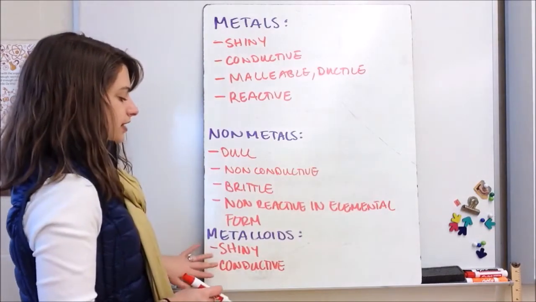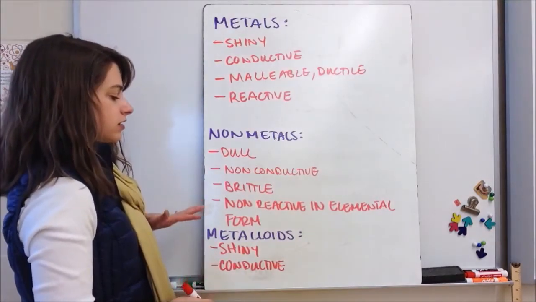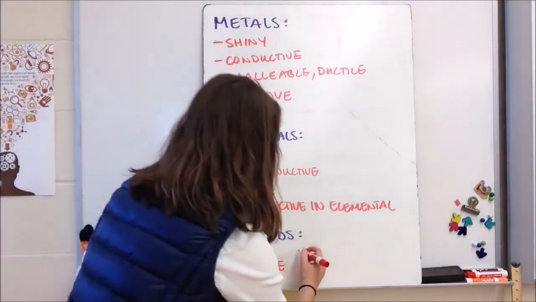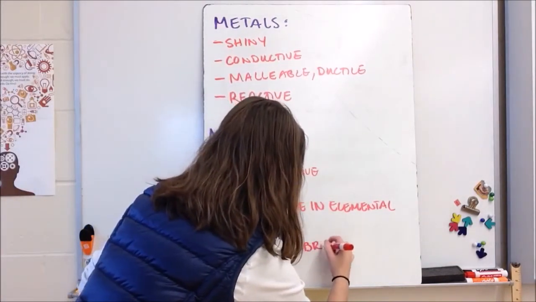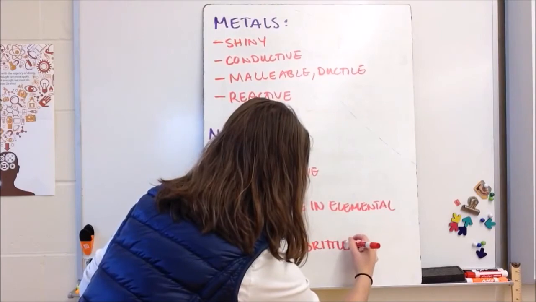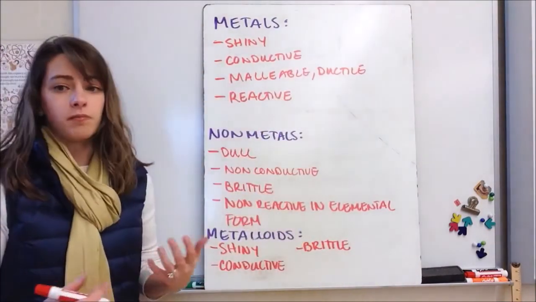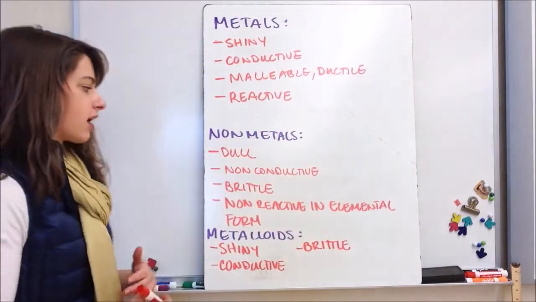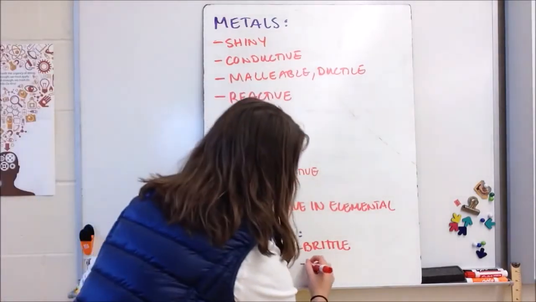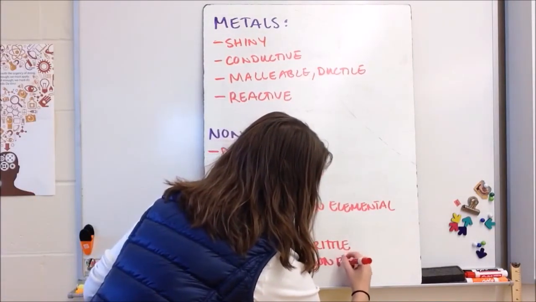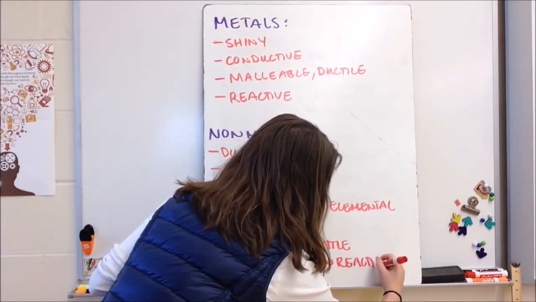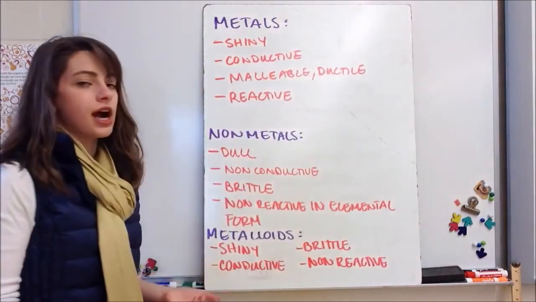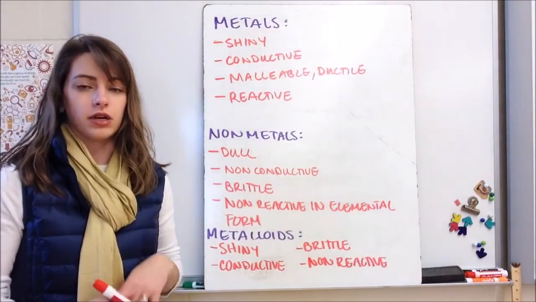So those are the two properties that metalloids have in common with metals. With nonmetals, they are brittle. So they're going to break, they don't bend, and they are also non-reactive. So we're not going to see our metalloids react with hydrochloric acid.